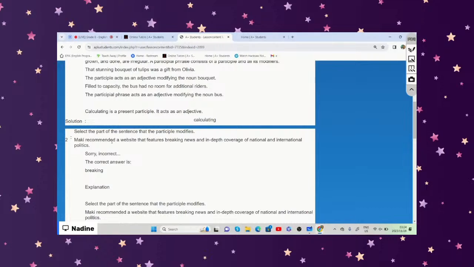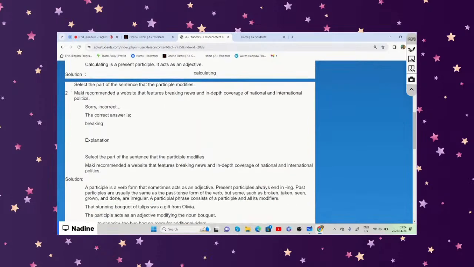Marky recommended a website that features breaking news and in-depth coverage of national and international politics.